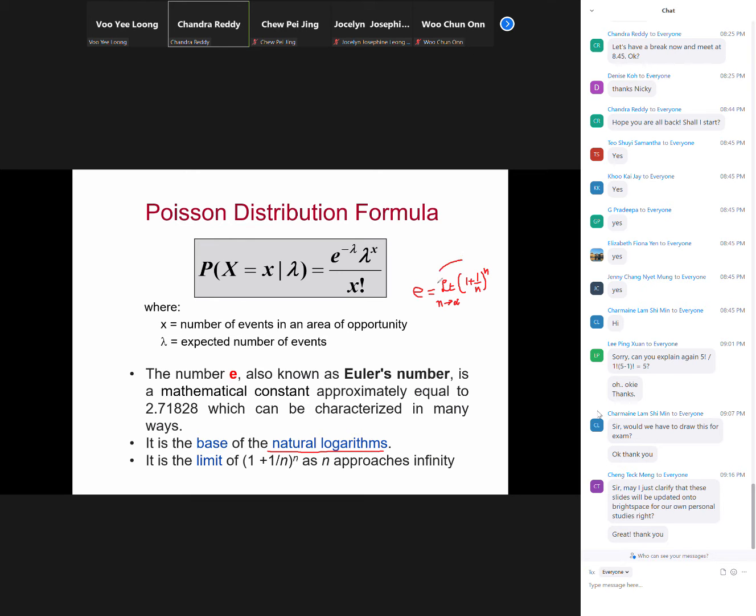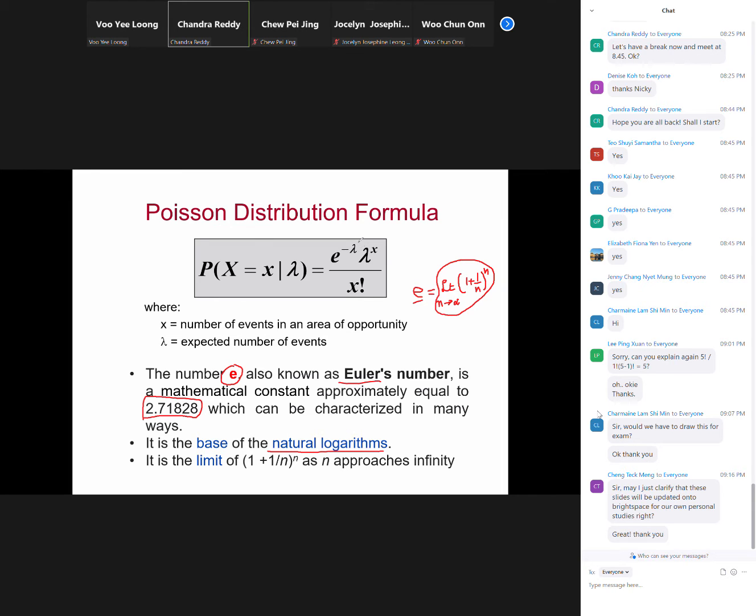The value of this as n approaches infinity is given as the exponential number E, which is 2.71828. It is a constant, so it will never change. When you're calculating the Poisson's distribution, this exponential number, or Euler's number, comes into the formula.